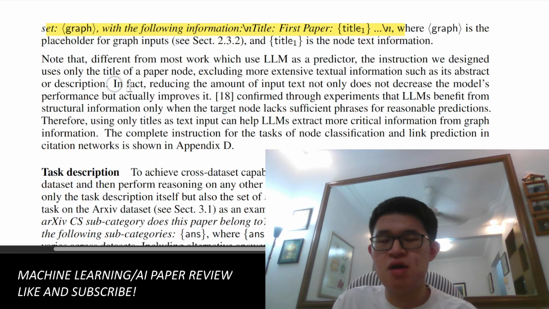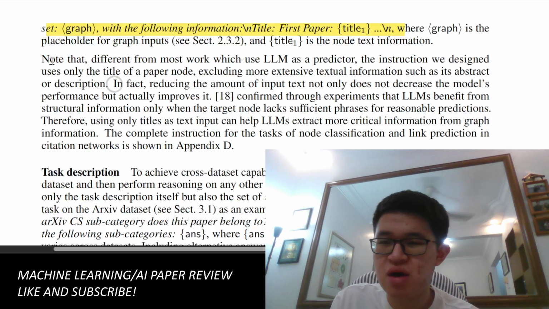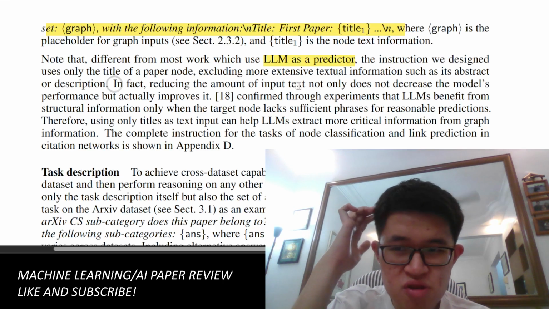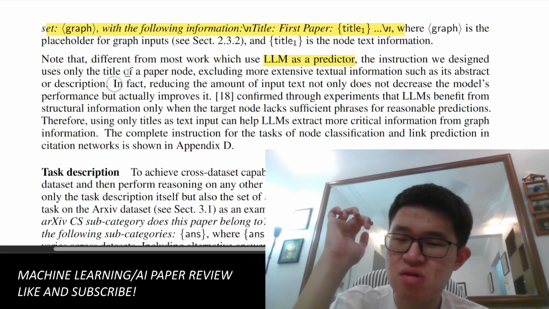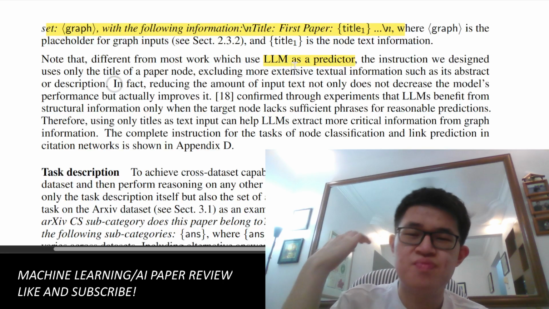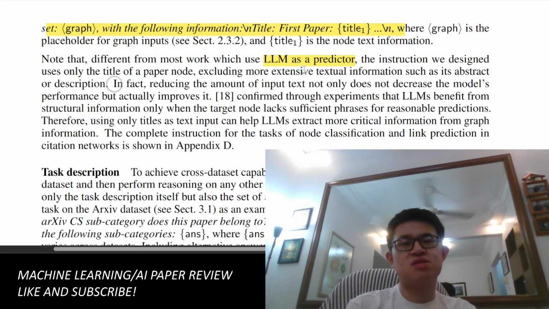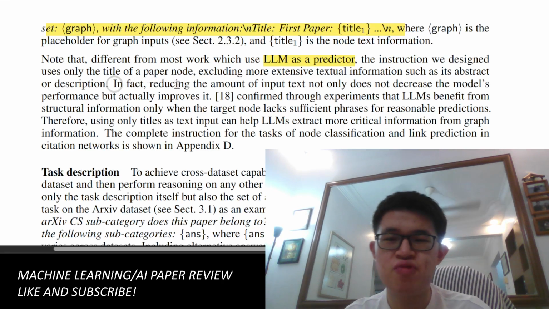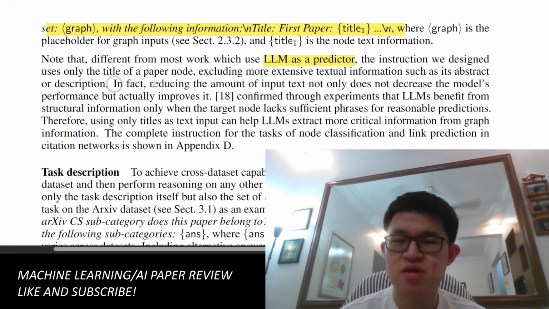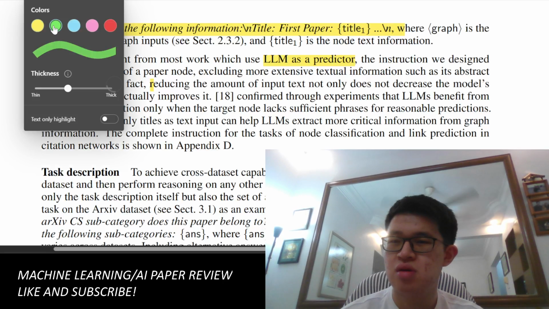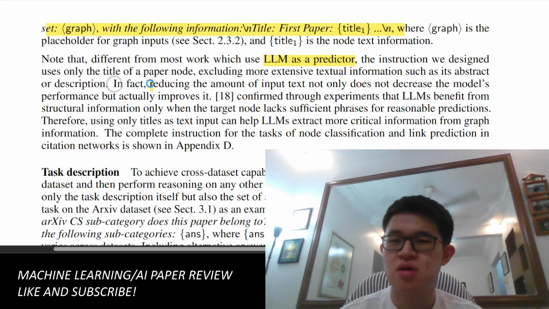And they have some justifications. Note, different from most works that use LLM as predictor, the instruction we designed uses the title of a paper node, not including the extensive text data such as its abstract and so on, reducing the amount of input text. Here's a really strange one.